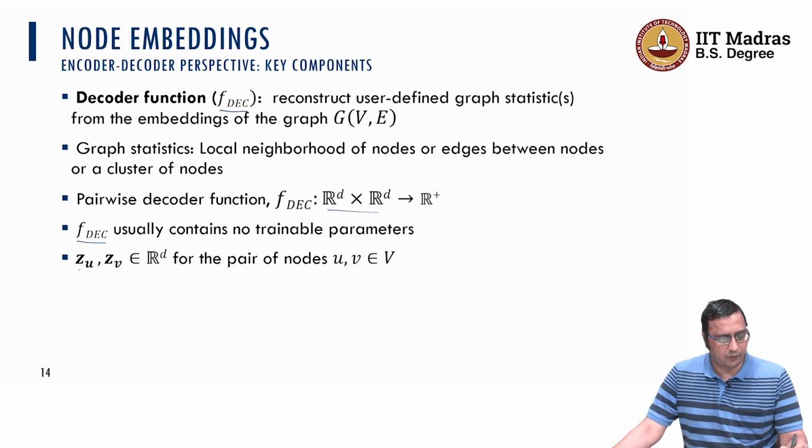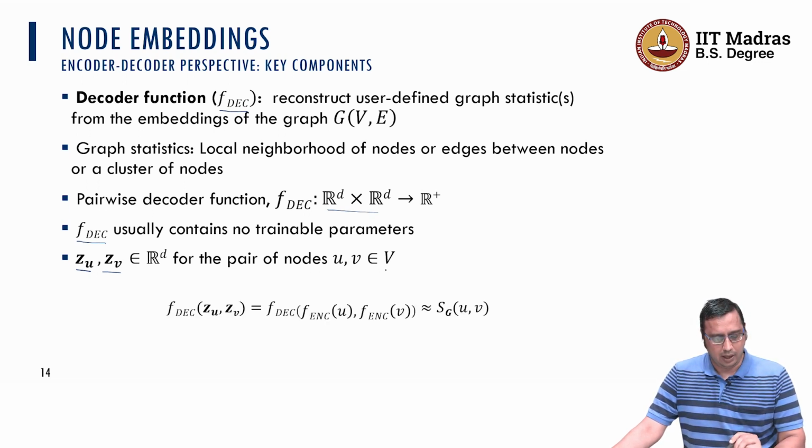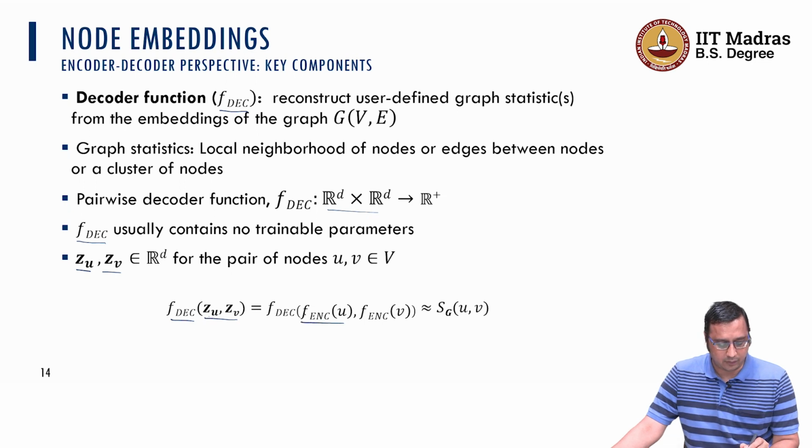Take an example of ZU and ZV, which are two embeddings in RD for the pair of nodes U and V, and it takes them as input. As we discussed, ZU and ZV are obtained from the encoder function of node U and node V, and what we are interested in is that it should approximate some similarity function, SG of U, V.